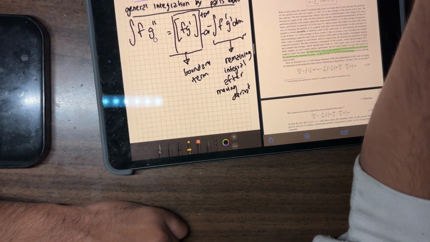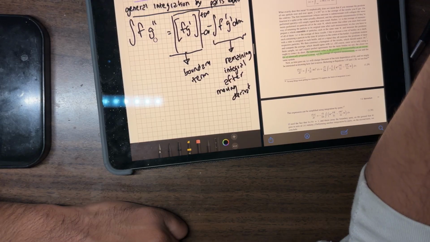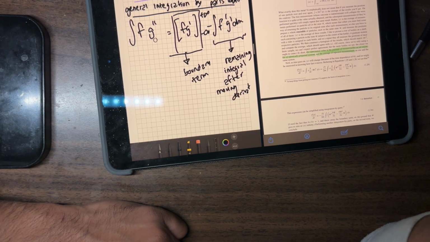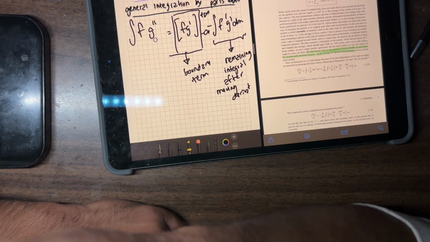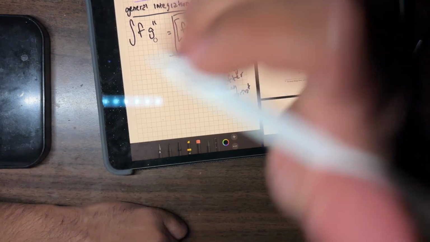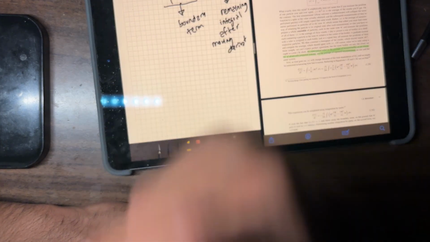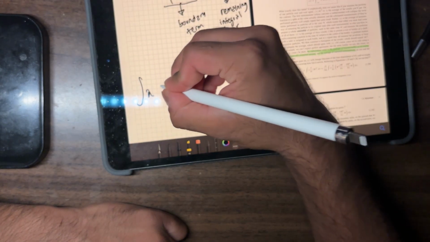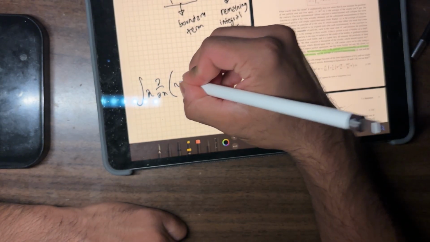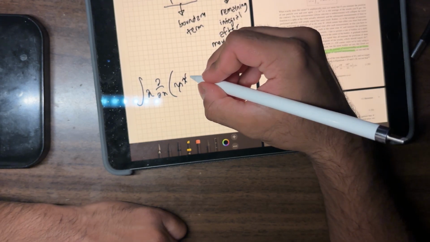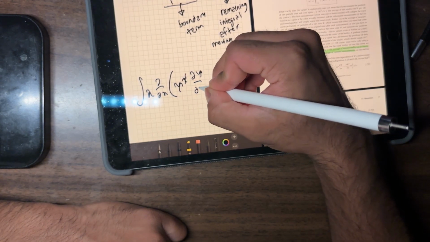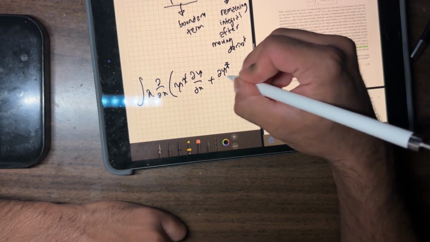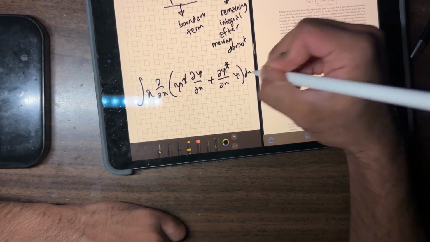So what is our general equation here, which is x times psi conjugate times d squared psi by dx squared. That's the first bit. Because if I look at the equation again, we have the integration of x times psi conjugate d psi by dx plus d psi conjugate by dx psi dx.